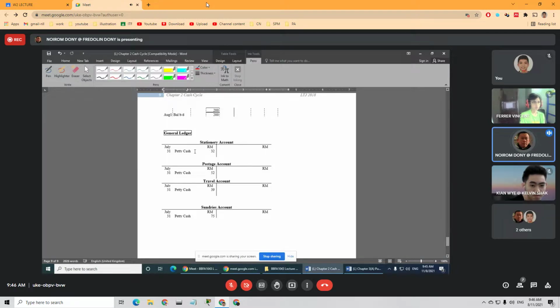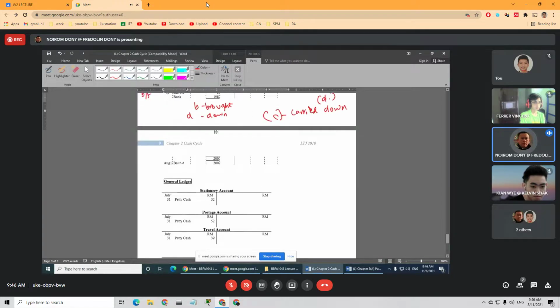And the particular, because it's from the petty cash book, we just write down here petty cash, petty cash, petty cash, petty cash. And the date, we don't put according to the date of the transaction.